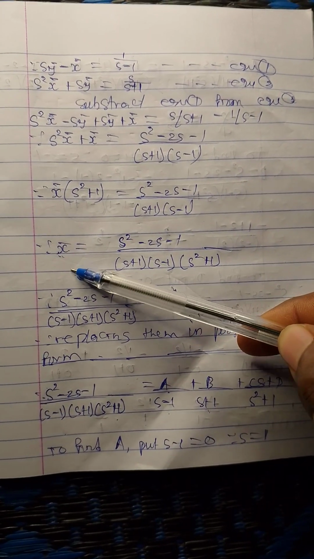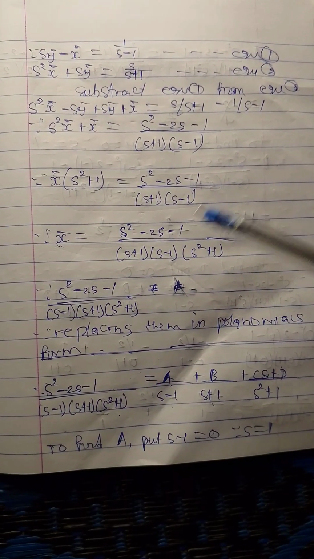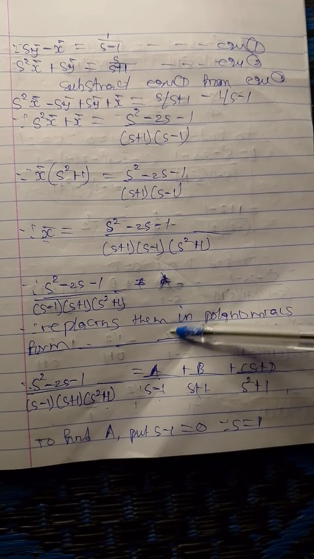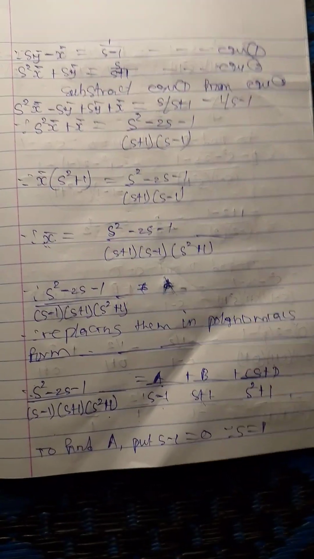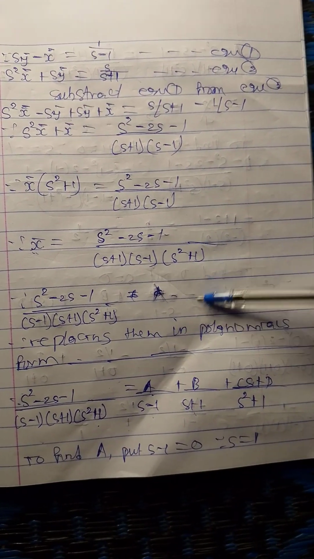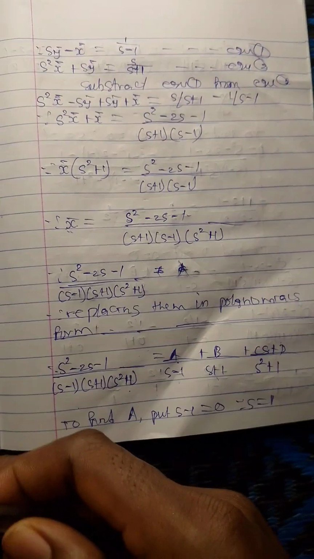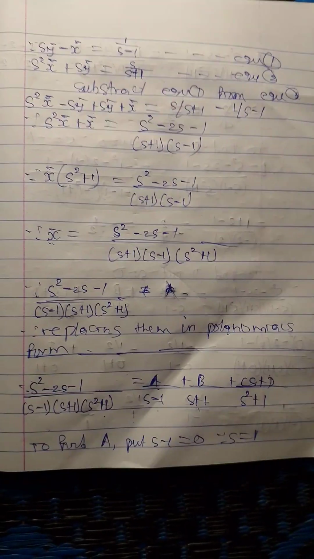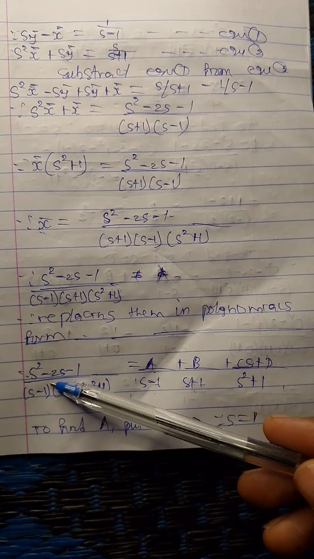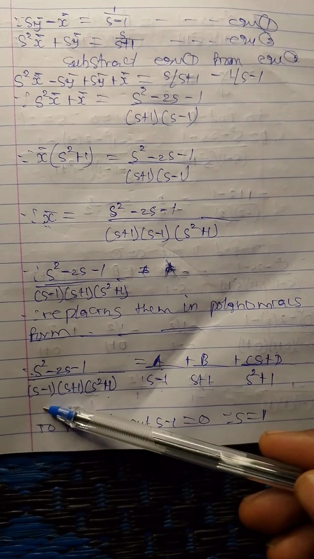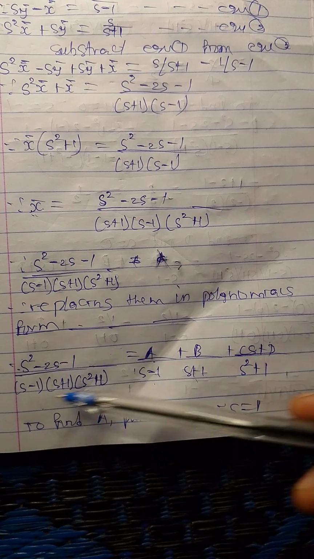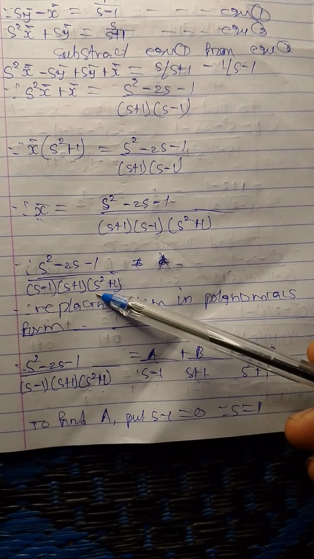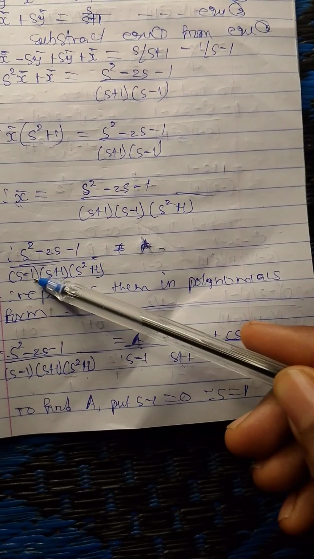Now let's find the value for x. To find the value for x, we have to resolve this into a polynomial equation. So this becomes x squared minus 2x minus 1 all over x minus 1 bracket x plus 1 and x squared plus 1, which will be in the form of a over x minus 1 plus, always arranging the denominator from the smallest to the biggest.